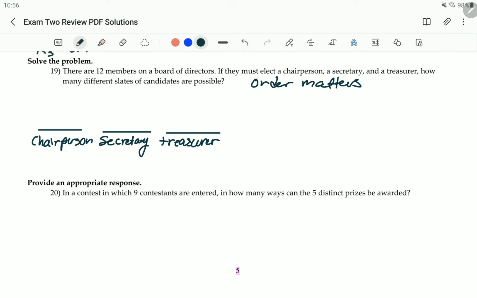And also, once you're chosen, you cannot be repeating. So there's no repetition. And these are distinct, different roles.